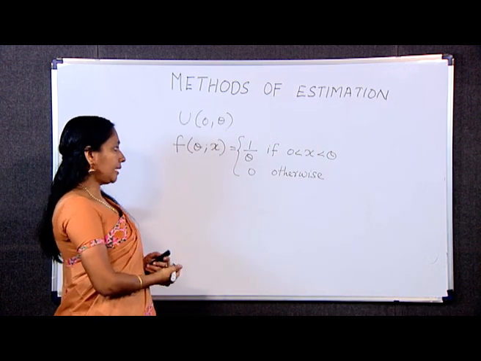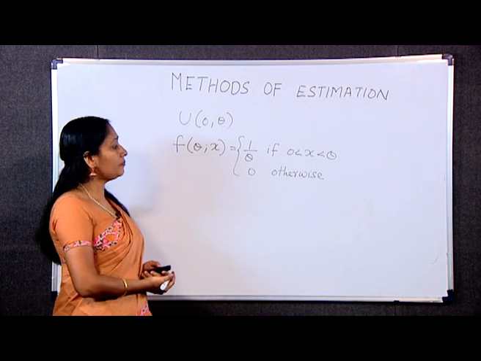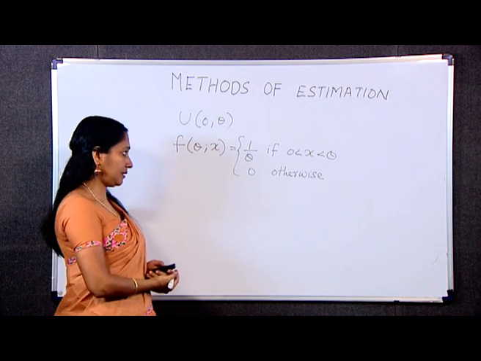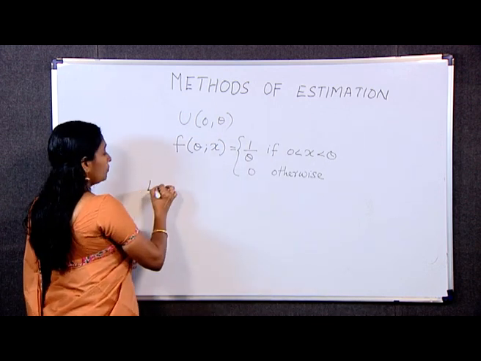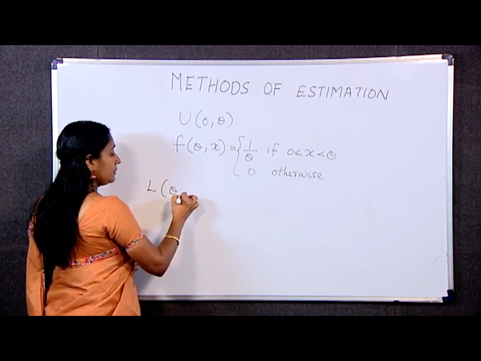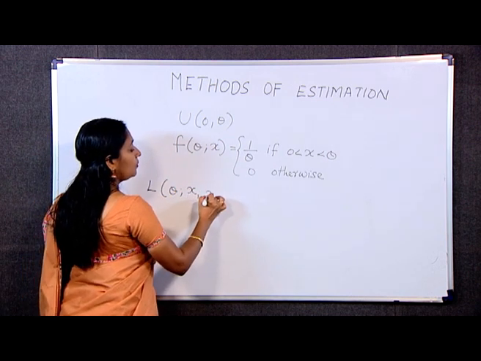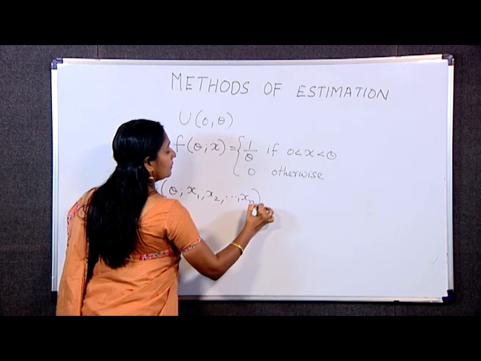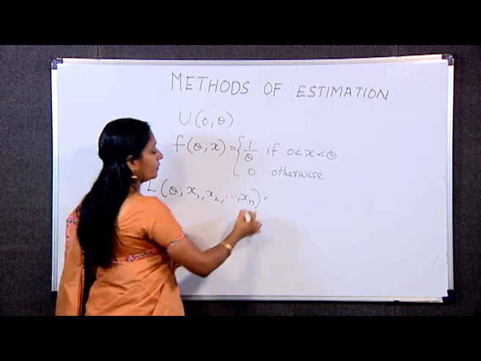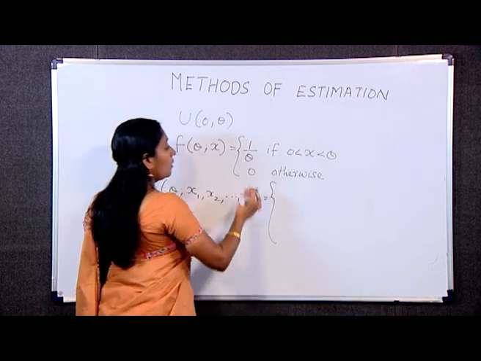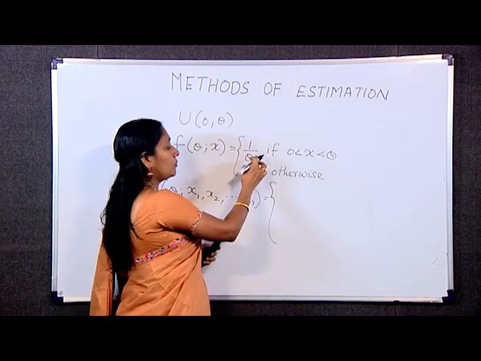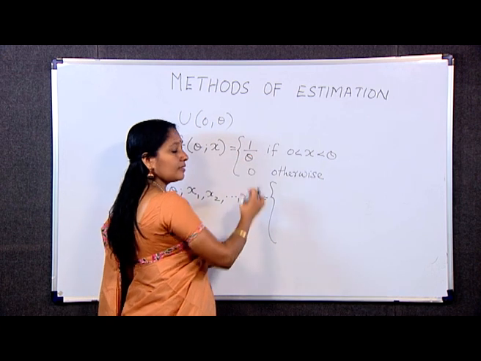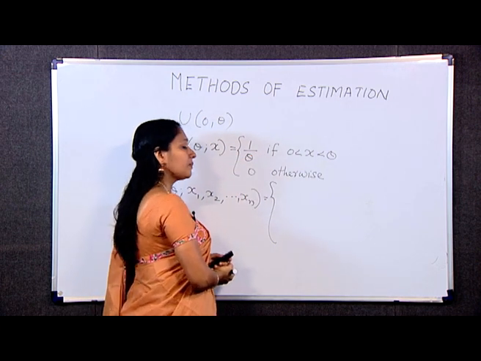So, in this case, how can we find out the maximum likelihood estimator? The likelihood function is L(theta; x1, x2, ..., xn) equal to 1 by theta into 1 by theta, and so on, up to 1 by theta n times.